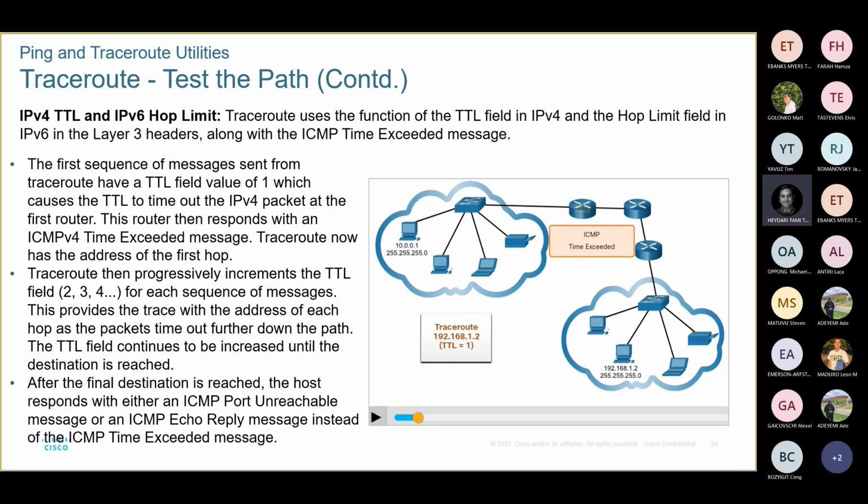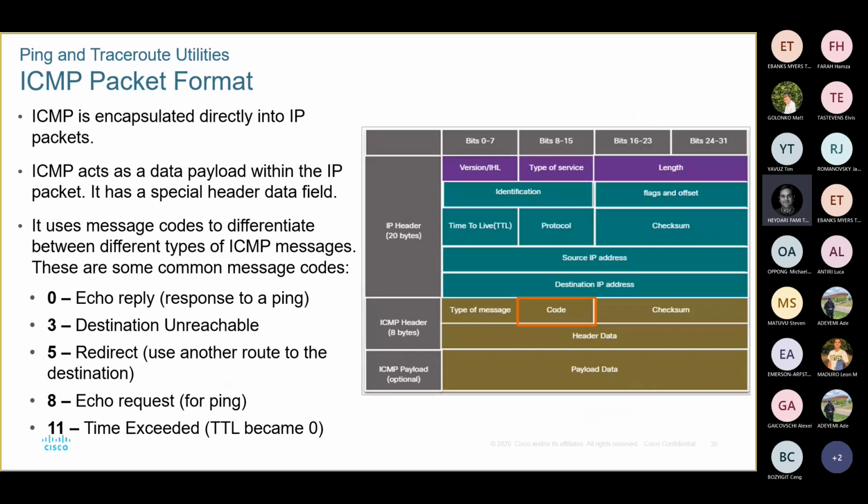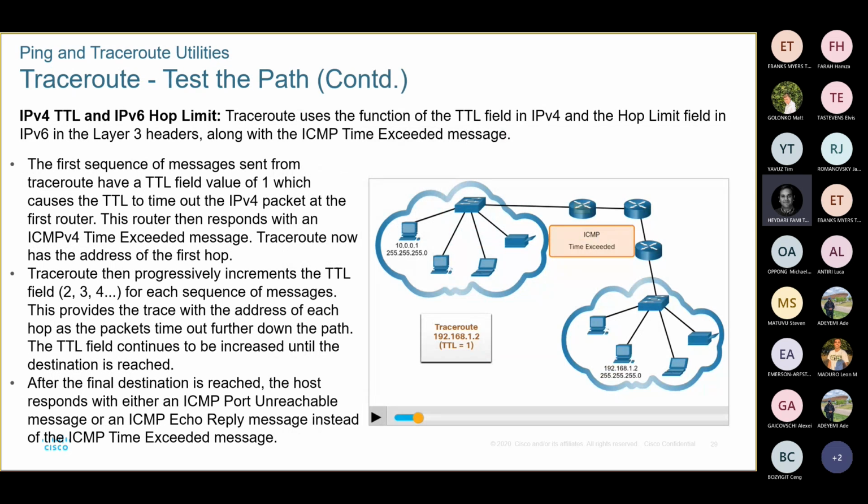You know also that ICMP is going to be encapsulated within an IP packet. So if you remember from this slide that we had previously, IP header, 20 bytes, and then inside the payload, you're going to have the ICMP header as well as the ICMP payload. Now, the idea with traceroute or tracert is that we're going to make use of that TTL field. How? Instead of setting that TTL field to 255 at the sender or source, we're going to set it to 1.